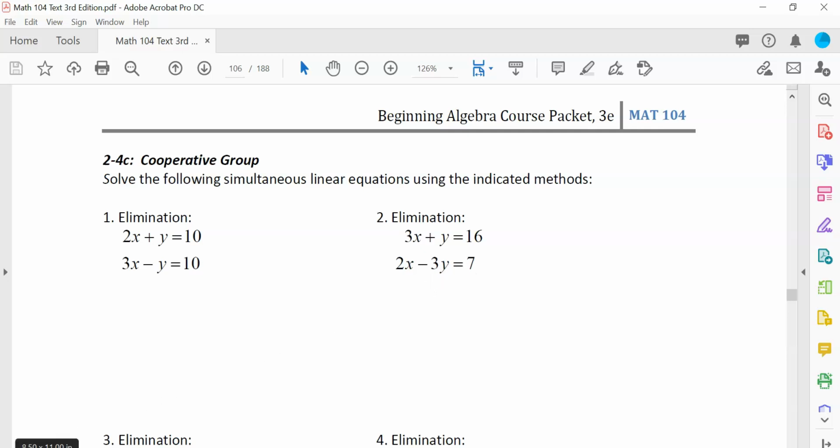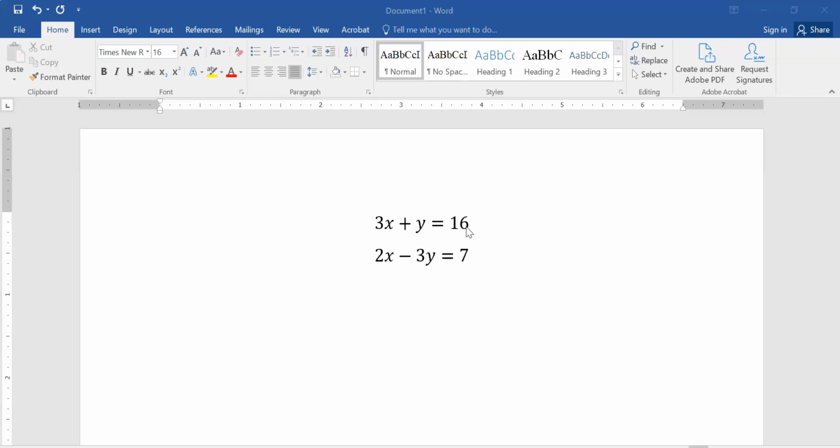So let me show you how to make the system have opposites. So here we go. 3x plus y equals 16, 2x minus 3y equals 7. Now the key thing here is to remember something we learned way back in chapter 1, and that is if you multiply or divide both sides of an equation by the same number, you don't change that equation.